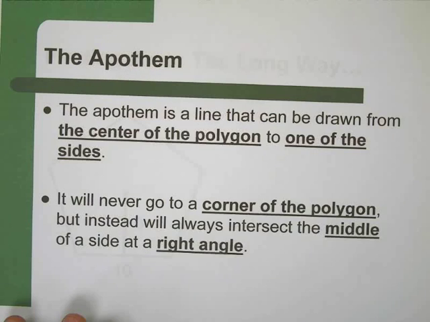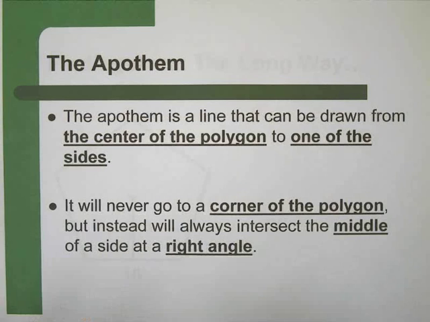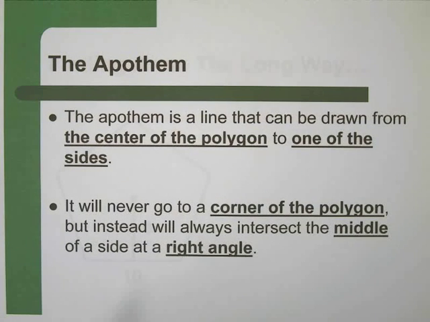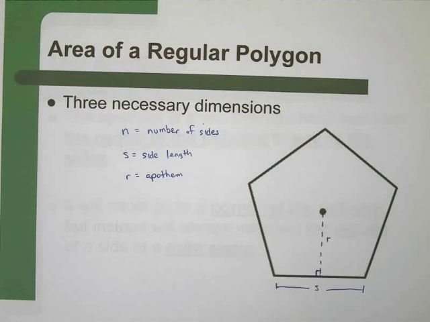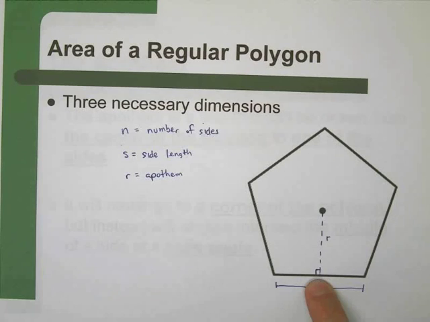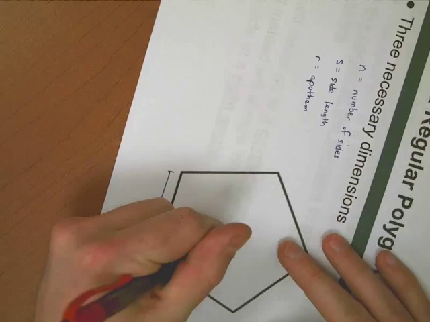So, with that being said, apothem, there's a couple things I want to stress here. It's a line that was drawn from the center to one of the sides. But the kicker is this. It's never going to go to a corner of the polygon. It's always going to intersect the middle of a side at a right angle. So one of the things that's going to be confusing to you in the problems is they will give you this sometimes, and other times they might give you this dimension instead.